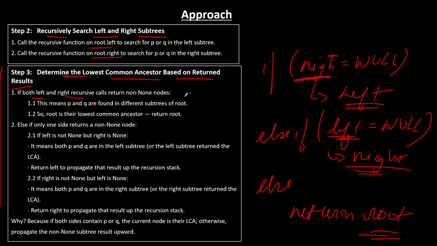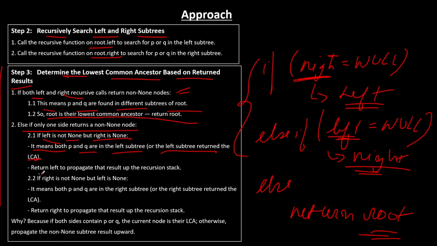If both recursive calls return non-null values, this means P and Q are found in different subtrees of the root, so the root is the lowest common ancestor; return the root. If one side returns a non-null value, these two conditions: if right is null, return left. It means both P and Q are in the left subtree, or the left subtree returns the LCA. Return left to propagate the result up the recursion stack.